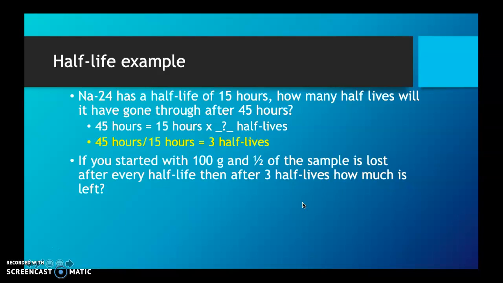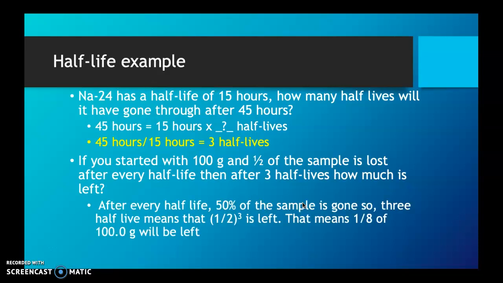Now, I'm going to show you how to do this algebraically, and then I'll explain the other way in which you can do it. So, if after every half-life 50% of the sample is gone, that means you would take 1/2 to the third, because you have 3 half-lives. So it's a half times a half times a half, or 1/2 to the third, or 1/8 of the 100 gram sample will be left.